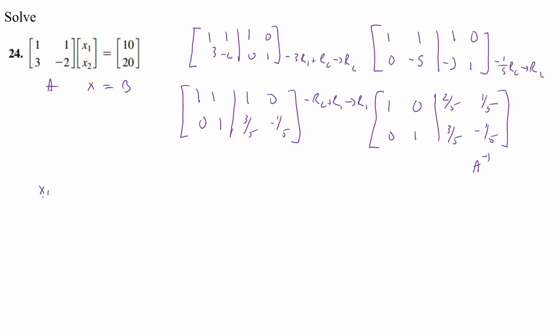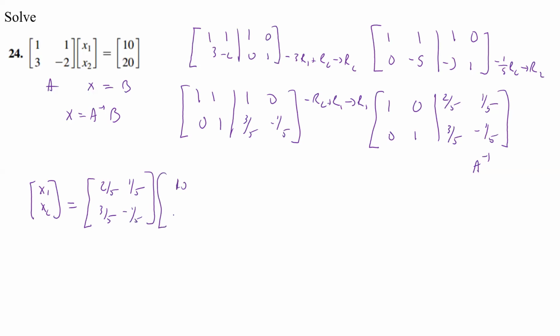Now, to find x1, x2, we have X is equal to A inverse B. Well, A inverse we just found. So that's the 2/5, 1/5, 3/5, minus 1/5 times 10 and then 20.